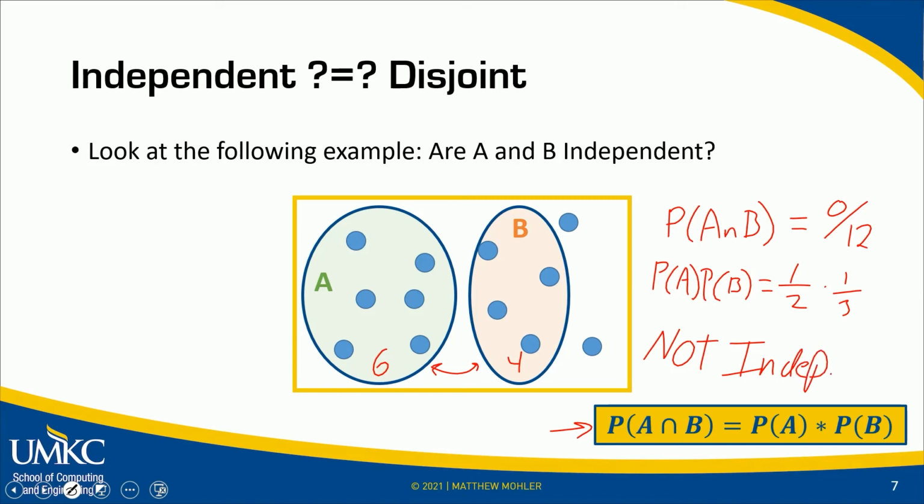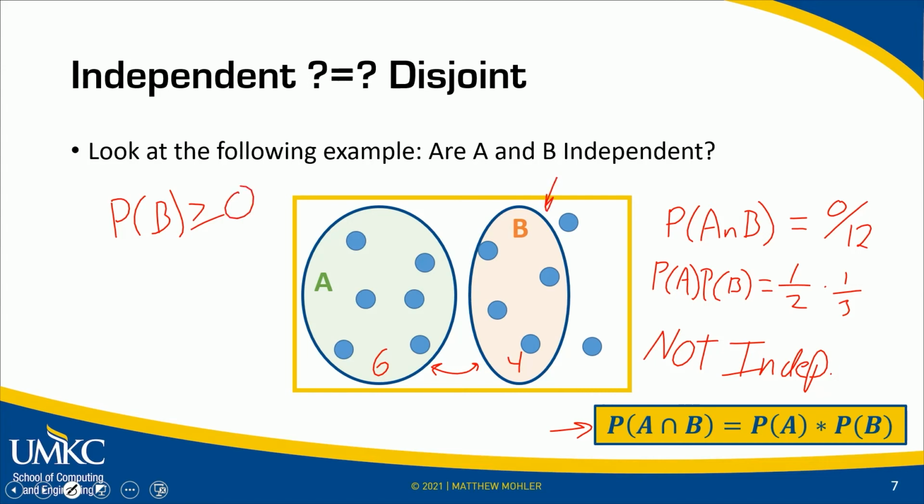Now, the other way to look at this is we ask the question, are A and B independent? And this is getting back to that informal proof that hopefully will help things click a little bit. When we first said the definition of independence, we said that the probability of B conditioned on A must be equal to just the probability of B. Well, when I first start looking at this, the probability of B is some value greater than or equal to 0.